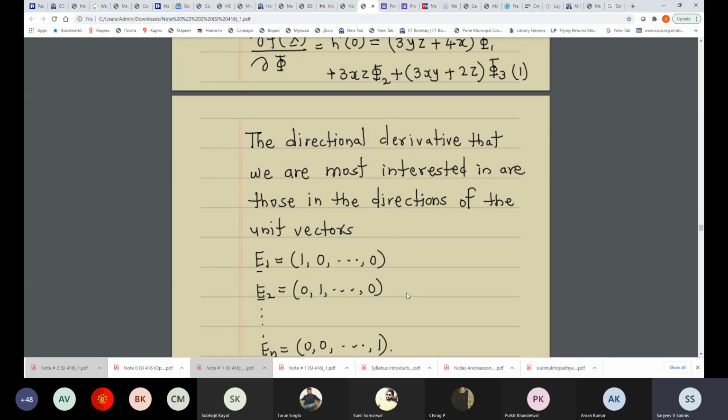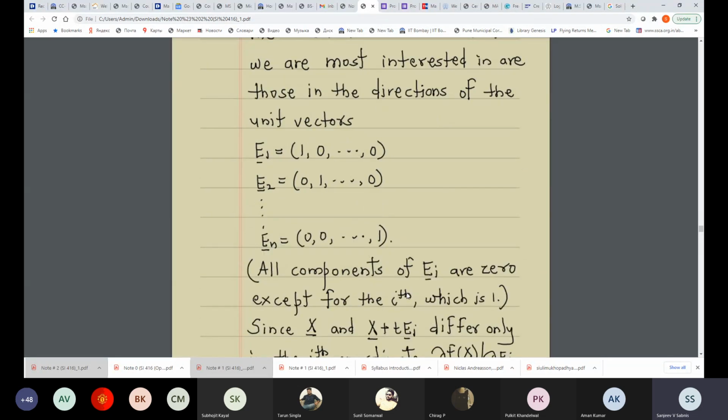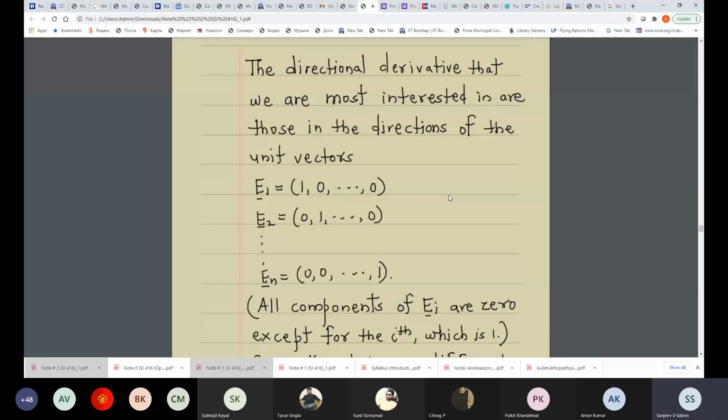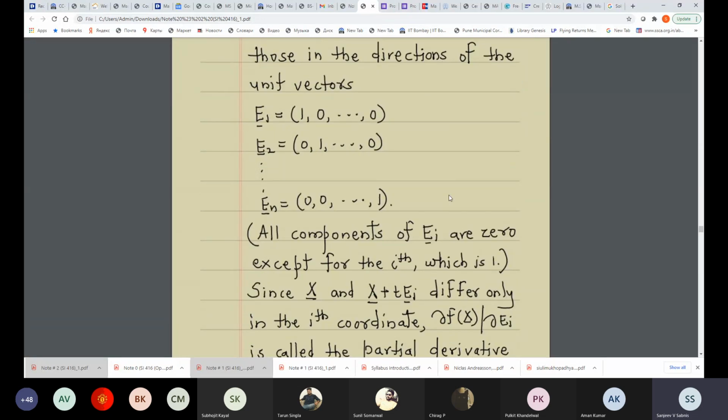Let E1, E2, ..., En represent the n unit vectors, where Ei is a unit vector whose ith element is equal to 1 and the rest of the elements are 0. That is how Ei is defined. These are the directions in which we are interested.